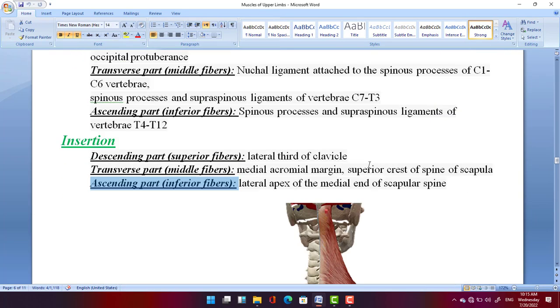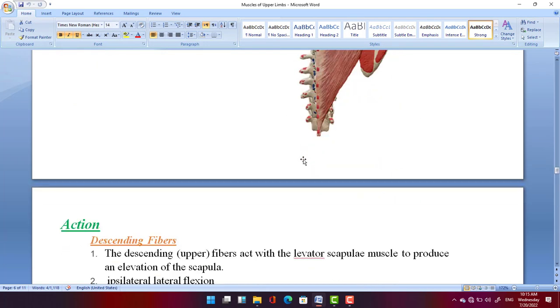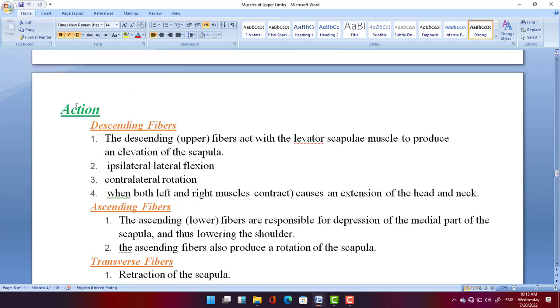So these were the insertions. Now what about the actions of this muscle? Which type of actions does this muscle perform? Look carefully. The descending upper fibers act with the levator scapulae muscle to produce elevation of the scapula. So the first action is elevation of the scapula.